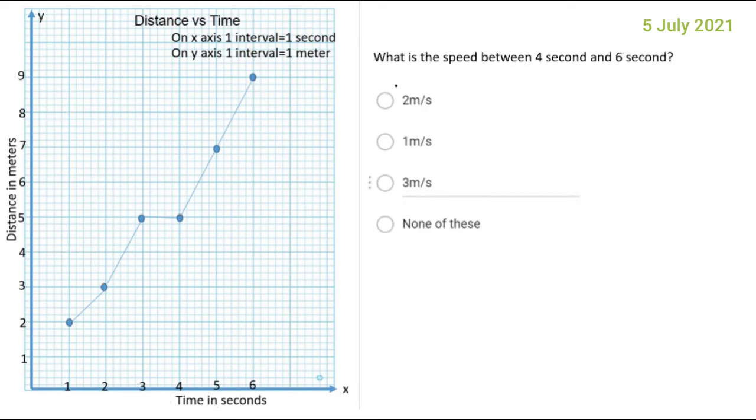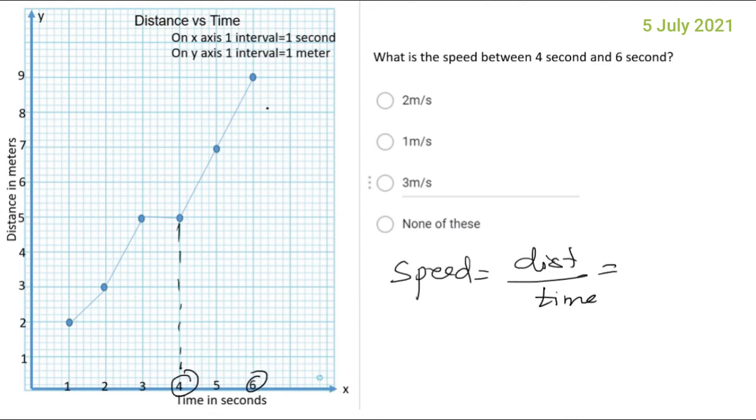Next, what is the speed between 4 second and 6 second? Right? 4 second and 6 second. And what is speed? Speed is equal to distance divided by time. Distance is how much? This is 4 second and this one is 6 second, and the corresponding distance is 5 meter here and 9 meter here.